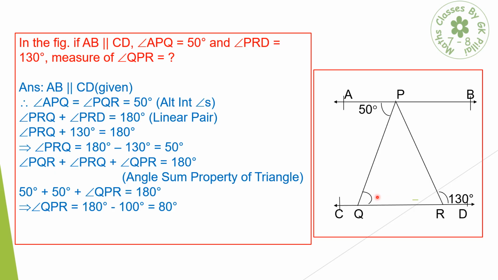This angle is 50 degrees, this angle is also 50 degrees. So for finding this angle, we will use the angle sum property of a triangle. So these three angles make 180 degrees. And these two angles are 50 degrees each. So 50 plus 50 plus this equal to 180 degrees. QPR will be 180 minus 100, 80 degrees. This angle is 80 degrees.